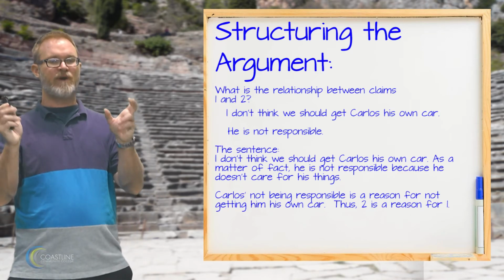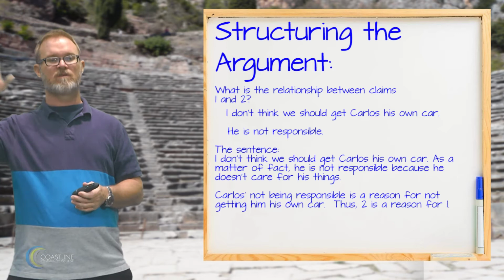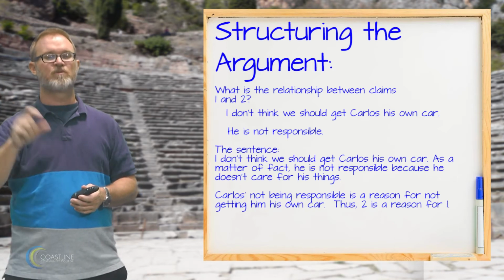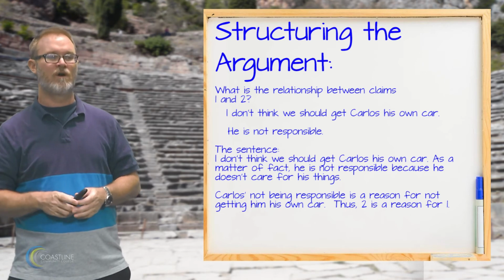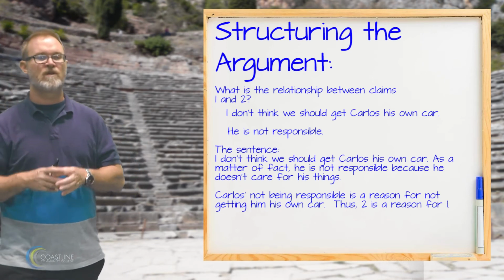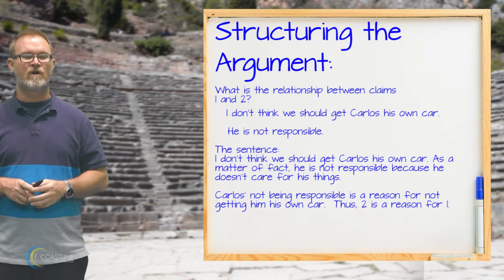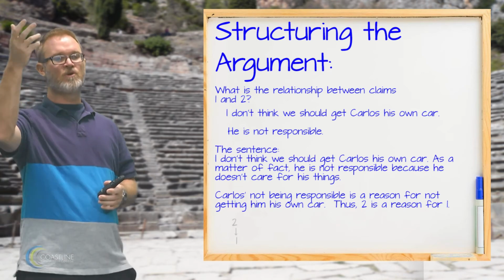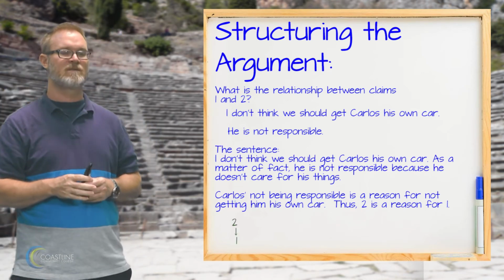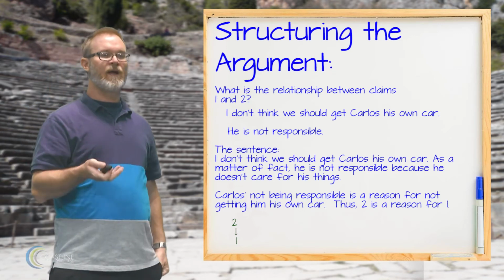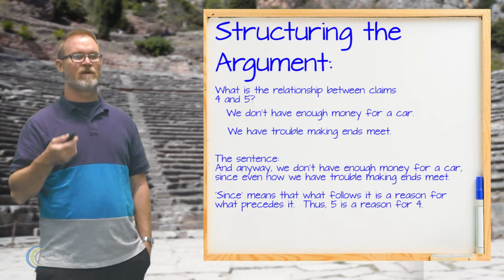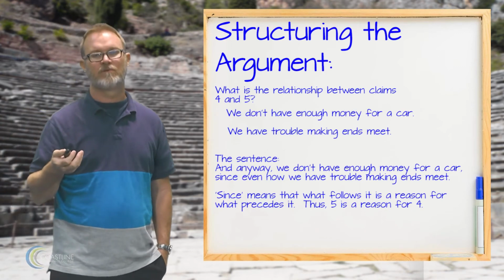The "as a matter of fact" is telling us that what's after, him not being responsible, is a reason for what's before, that we shouldn't get him his own car, right? And that makes sense, because if he's not responsible, we shouldn't get him his own car. So what we say then is that 2 is a reason for 1, and so we symbolize this as 2 arrow to 1.